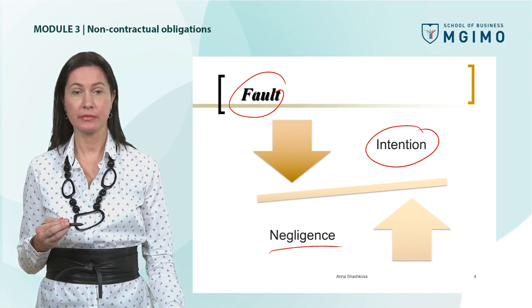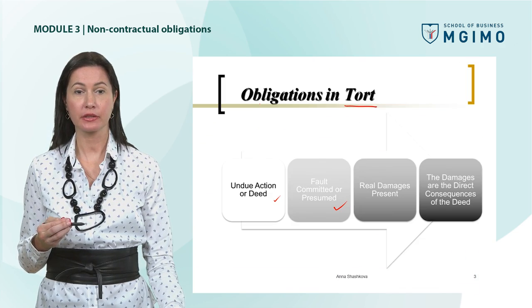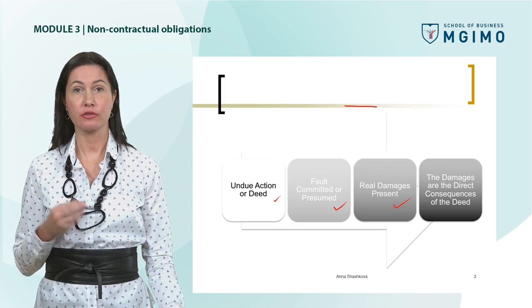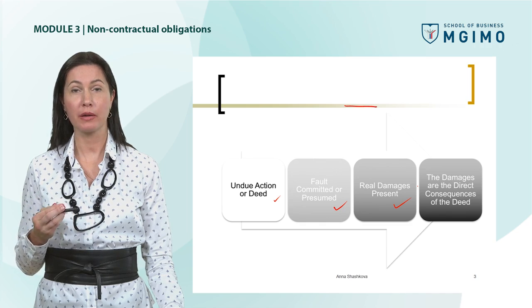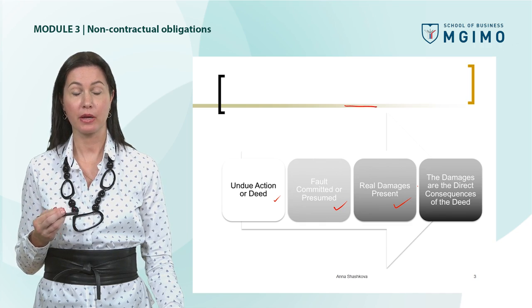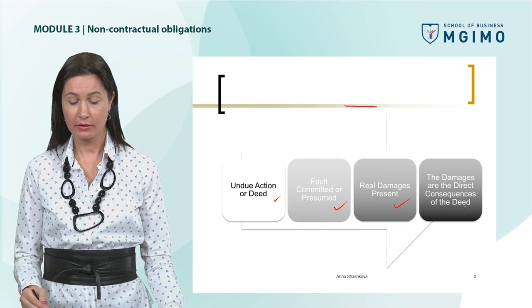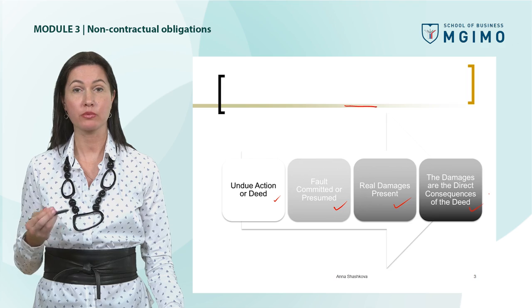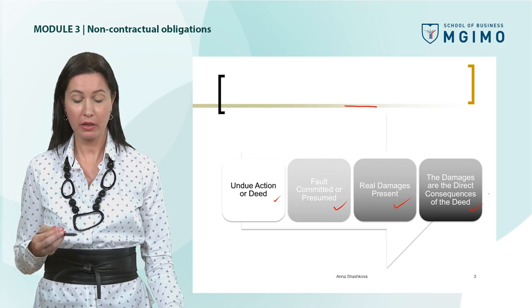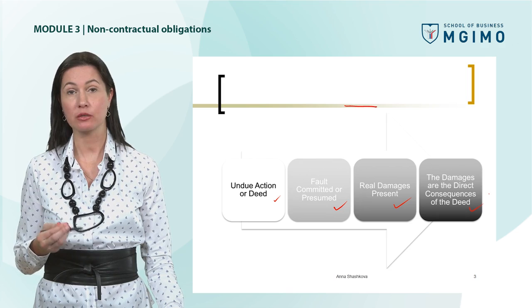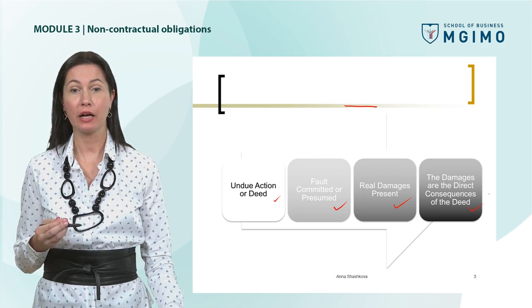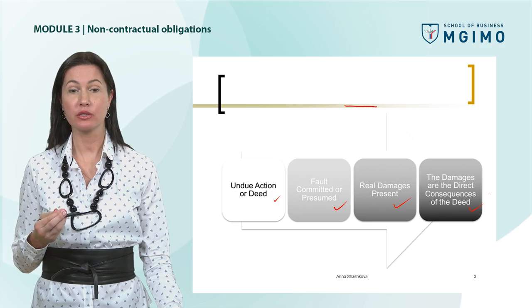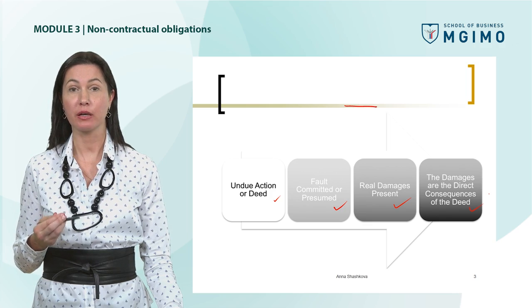So next, what is necessary to be present? Real damages. You threw the bottle, so Maybach is broken. Maybach is damaged. And damages are direct consequences of the deed. So there are problems with Maybach. Why? Because of your undue action, because you threw the bottle out of the window. So only in case all these four situations are present, we speak about tort.